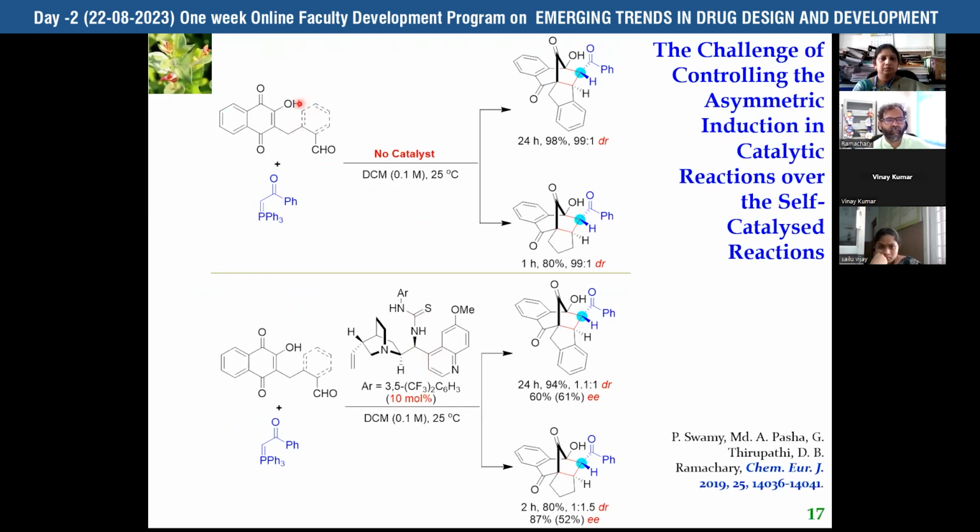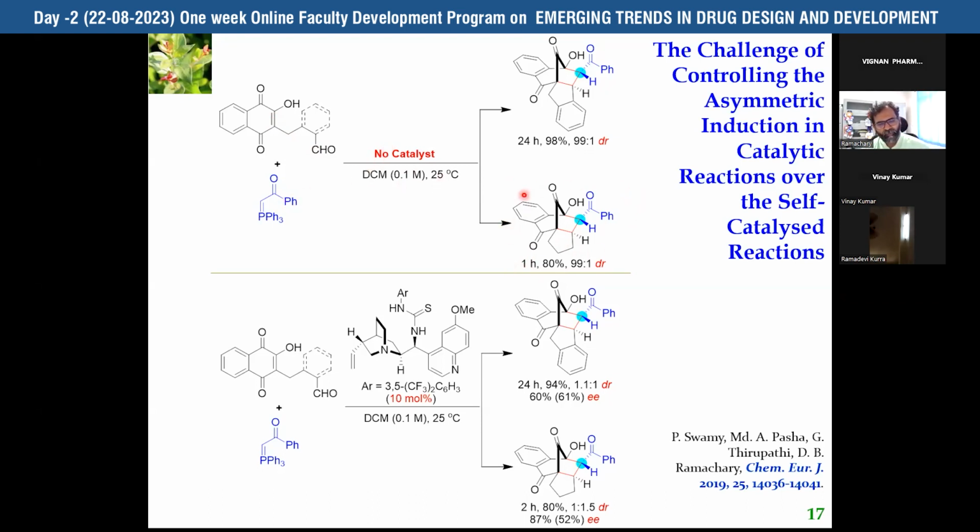If this is the substrate and this is the phosphorane, and you didn't add any catalyst, then the product forms very nicely, 99:1 DR, and within 1 hour you are able to get the aliphatic compound. You see, when you mix A plus B without a catalyst itself, within 1 hour, the product is formed.